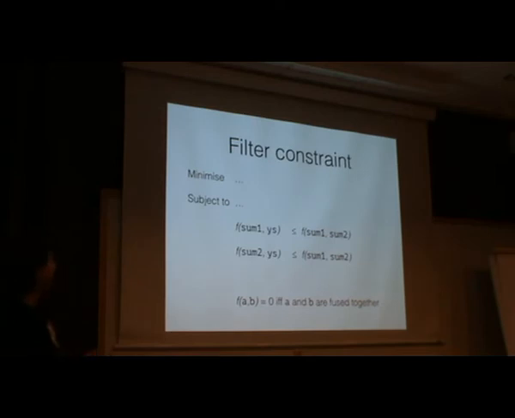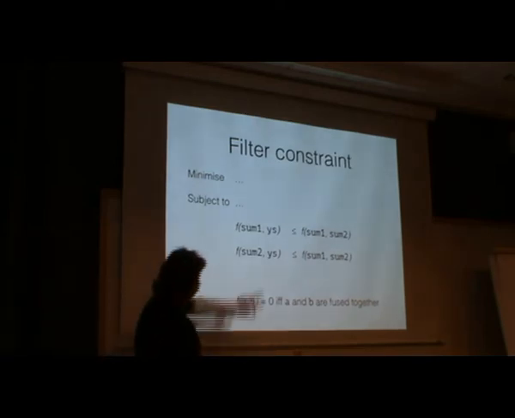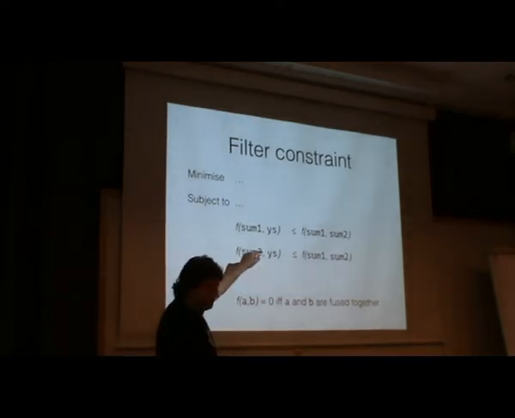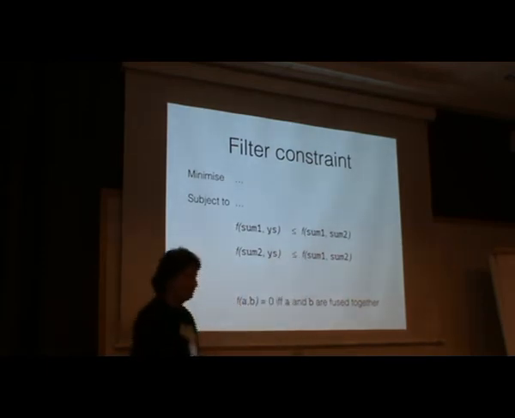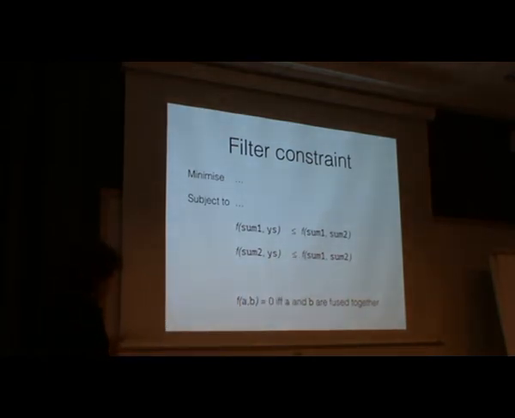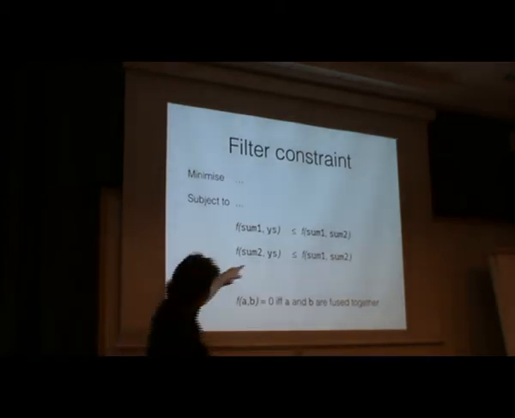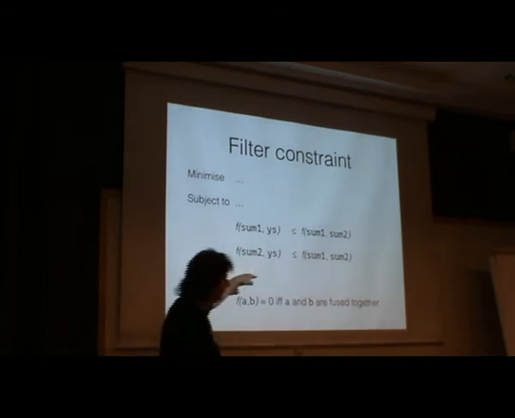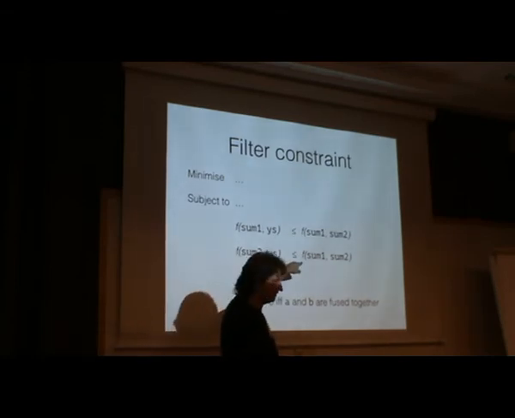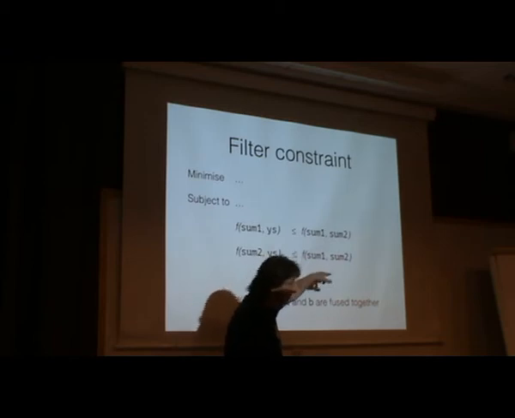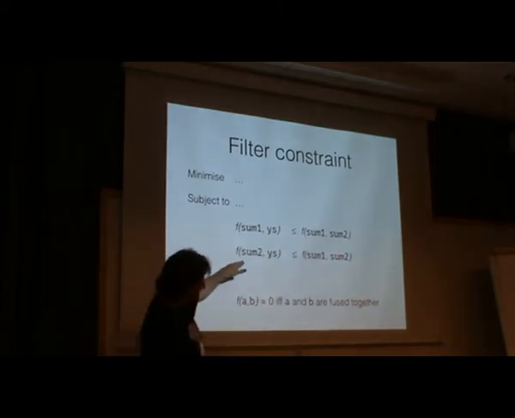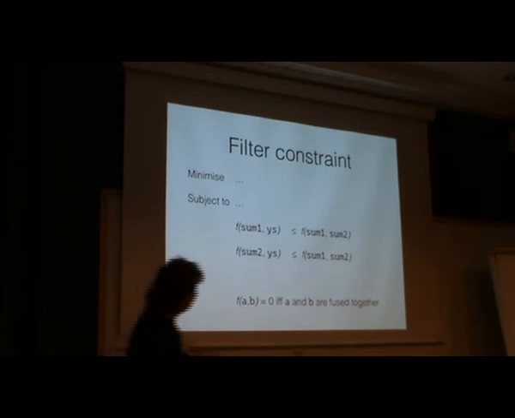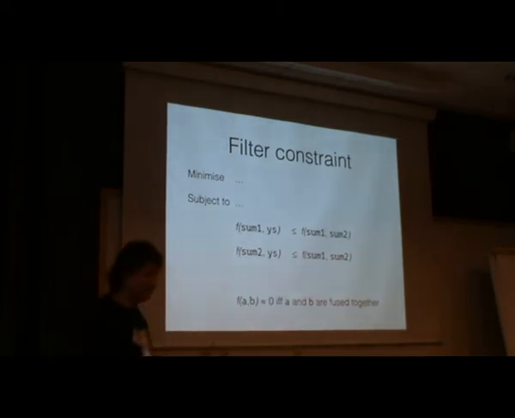So what we say is that f of sum2 and y's must be less than or equal to f of sum1 and sum2. So if sum2 and y's are not fused together, then f of sum2 and y's will be 1. And 1 must be less than or equal to this 0 or 1, which forces this to be 1, disallowing them to be fused together.